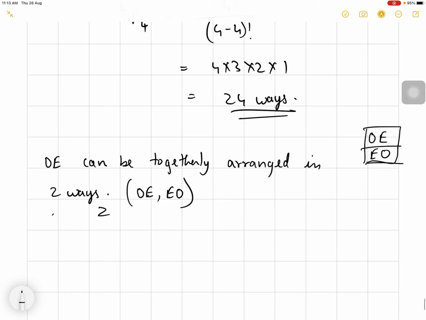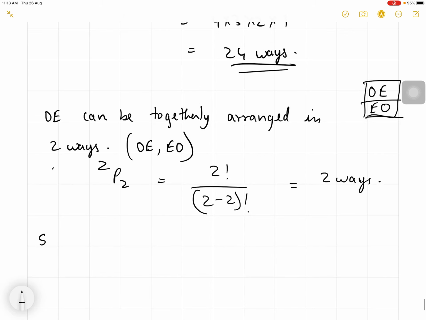Or you can write 2P2, 2 letters with 2 places. So 2 factorial divided by (2 minus 2) factorial, which is 2 ways. So total arrangements are 24 into 2, which is 48 ways.